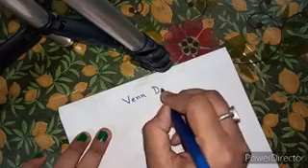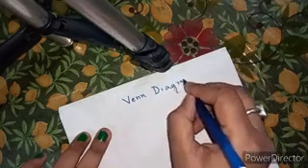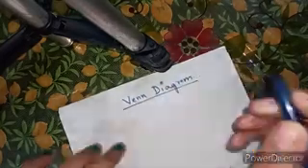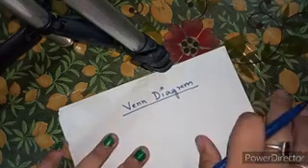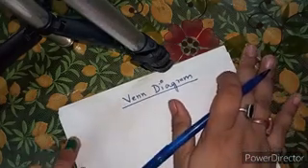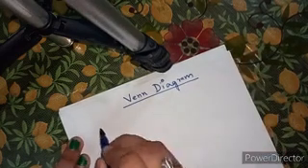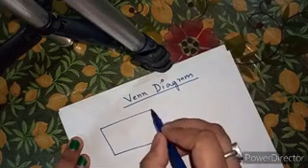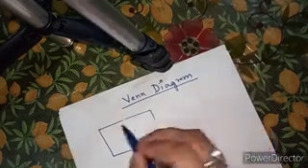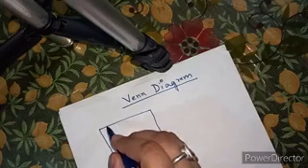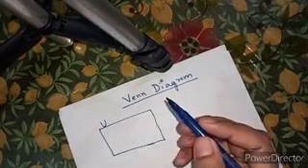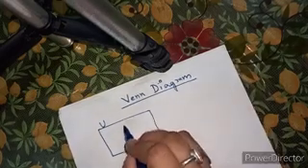Hello students, so today I am going to discuss a very important topic of your sets, that is about Venn diagram. Okay, so Venn diagrams are mostly used to show the relationship between sets. For example, it is written in a rectangular box, and U means your universal set that you have already learned.